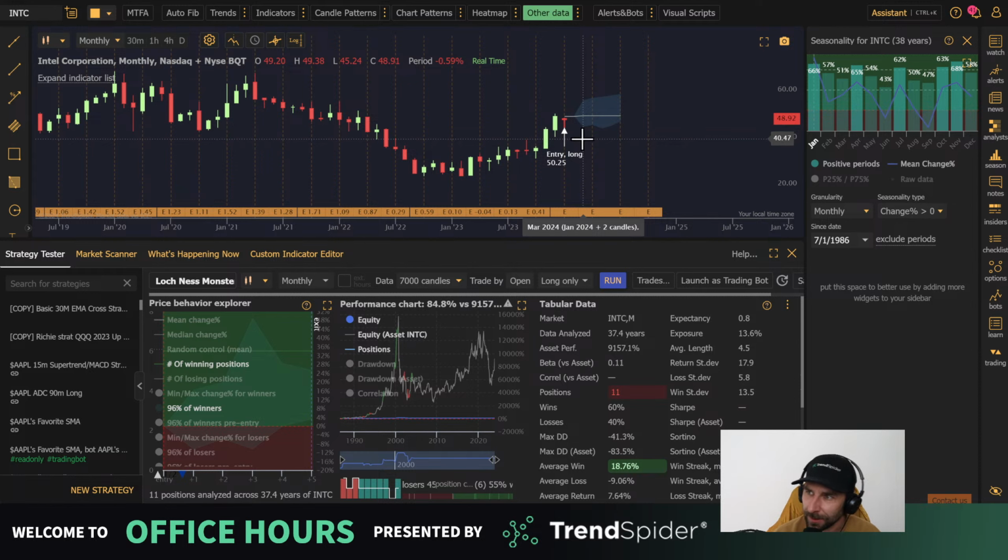It has a tendency more to go sideways, come in, retrace, test. And it's pretty rare too, 11 positions over the past 38 years that it's had that powerful of a move. Kind of interesting. That's the last time you own the stock.